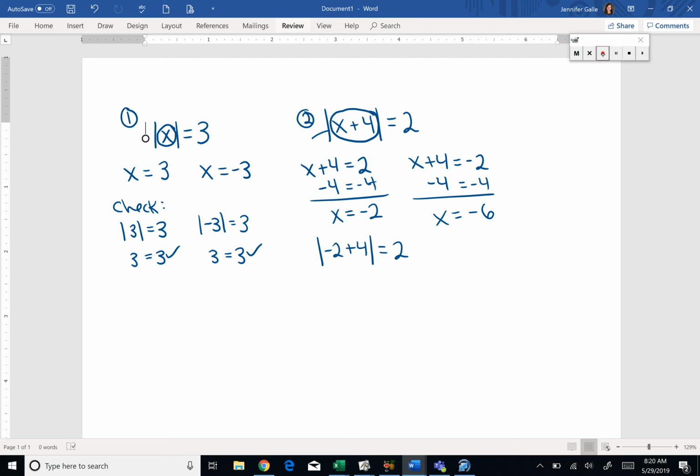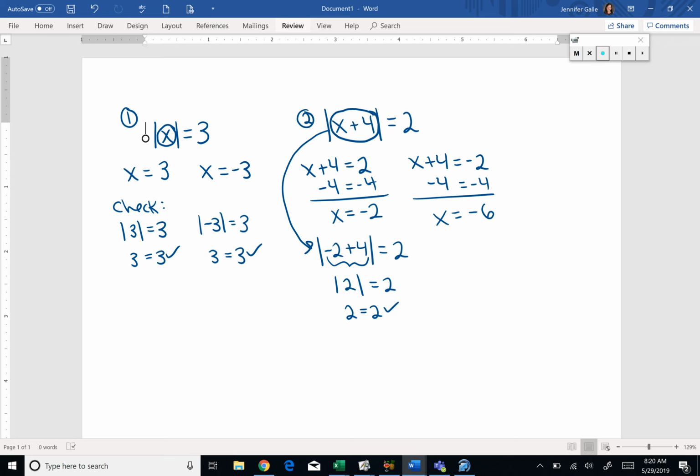So again, I took our original, and instead of x, I substituted in negative 2, because that's what we think one of the solutions is. I do whatever's inside the absolute value bars first before I even think about finding the absolute value. So negative 2 plus 4 is going to give me 2. Absolute value of 2, how far are we from 0? We're 2 away. The first one checks.